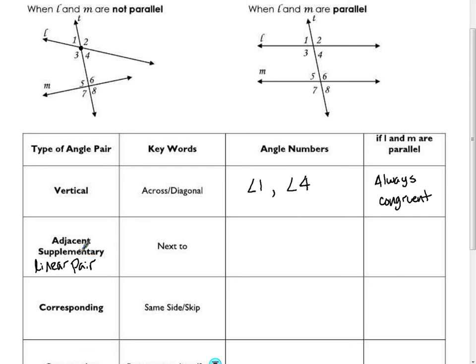So if two angles are next to each other, for example, angle 1 and angle 2, or maybe angle 1 and angle 3, those are both examples of linear pairs. And since those are linear pairs, then we know that they have to add to 180 degrees because they form a straight angle.